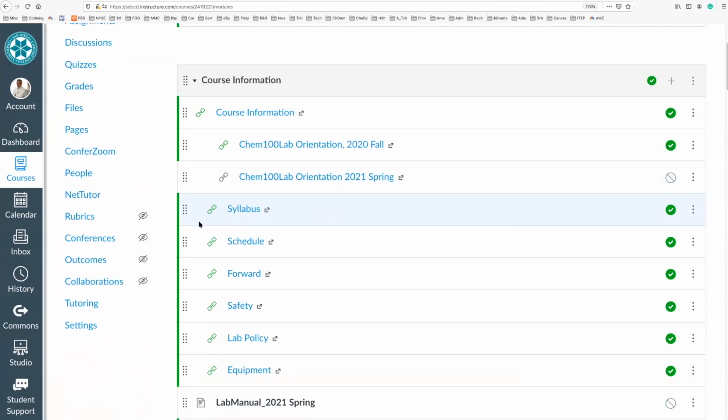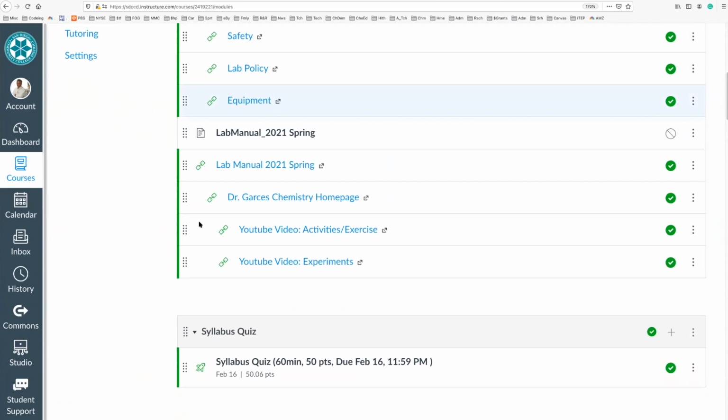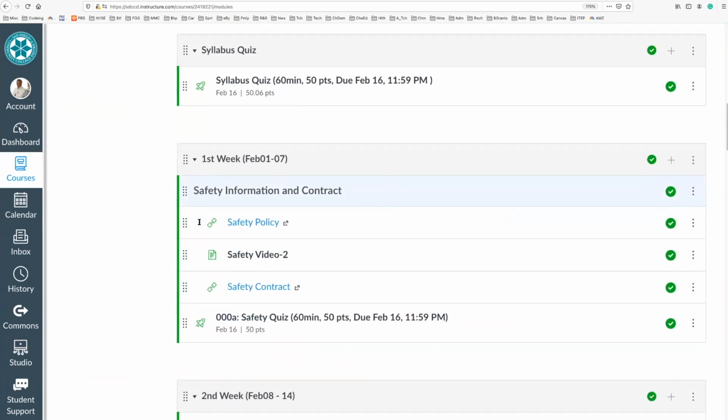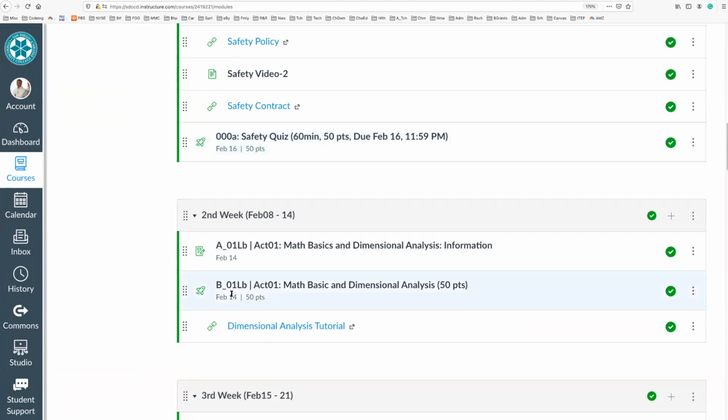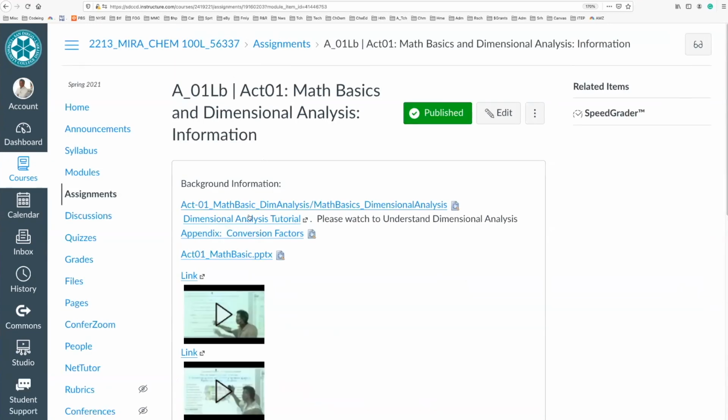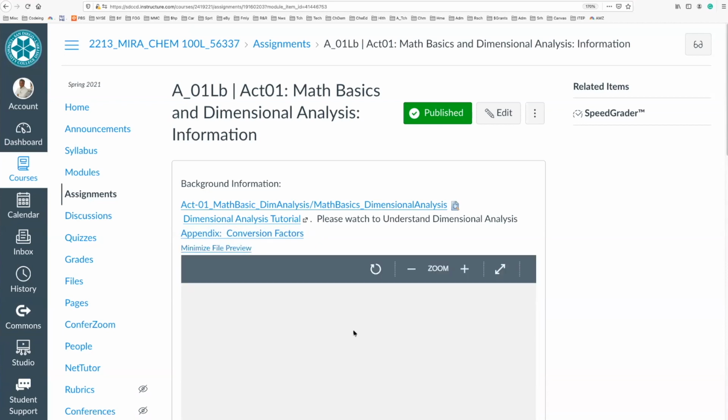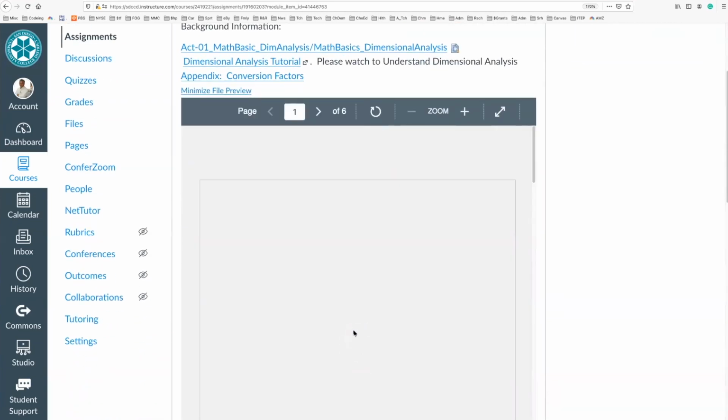And so in order to be consistent, because remember that when Canvas grades things, it does so based on what's been pre-programmed. So when you go to, I believe it's this one right here, use this appendix as your source for the conversion factor.